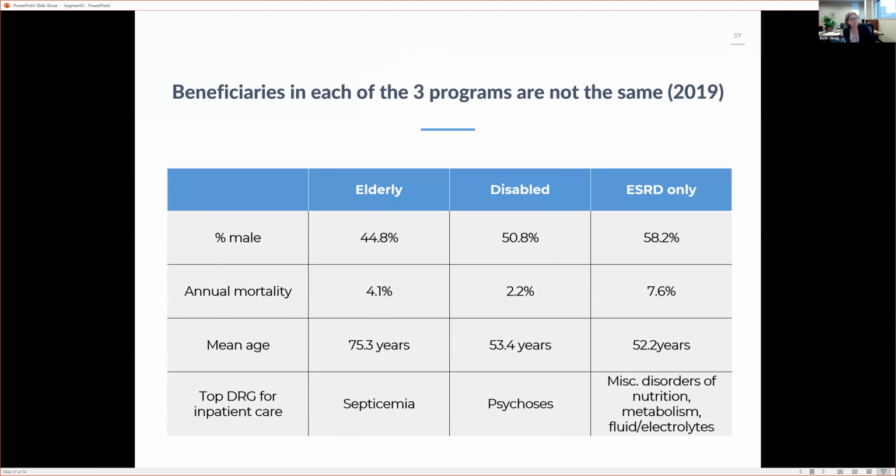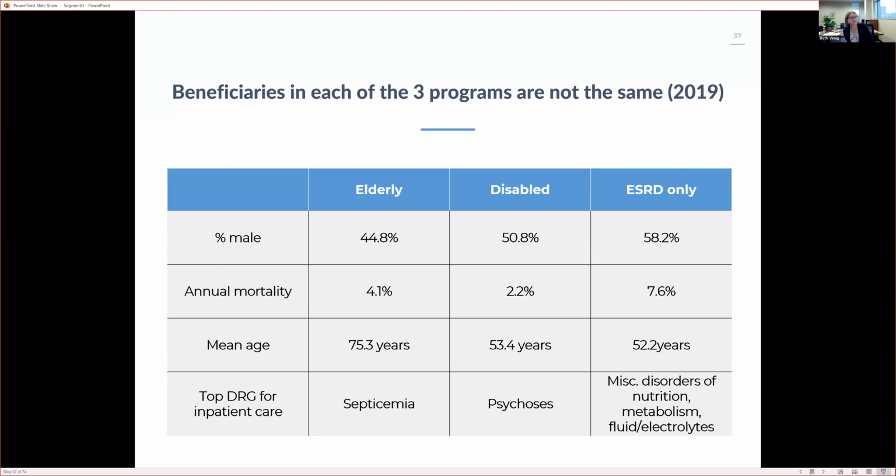One of the things that drives me crazy personally when I review articles is people who just take the whole Medicare program and dump it into a big bucket. What I want to point out to you is that the three benefit programs are very different. When people say, I took everybody in Medicare, you will get answers that aren't necessarily indicative of any one of them. For example, as we've shown you, the elderly are about 45% male, disabled 50 to 51%, and end-stage renal disease is interestingly 58%.